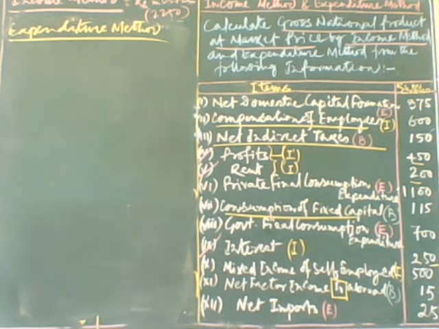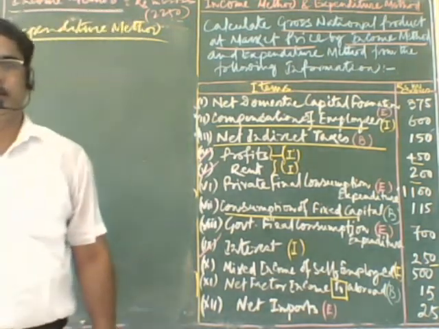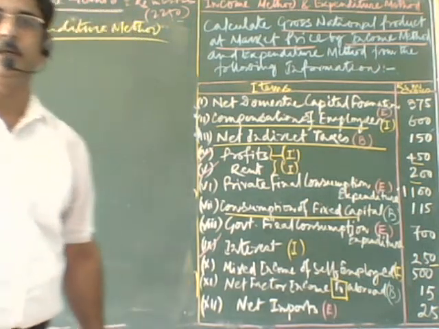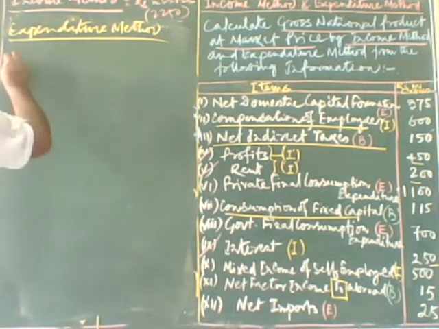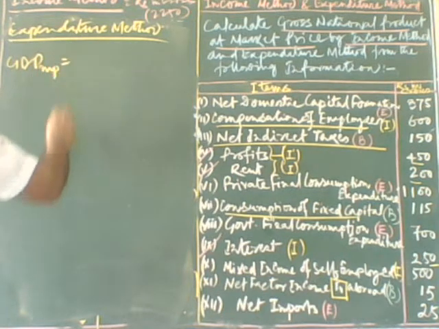Whenever we add all the components of the expenditure method, we will get the value of GDP at market price. So GDP market price is equal to what?